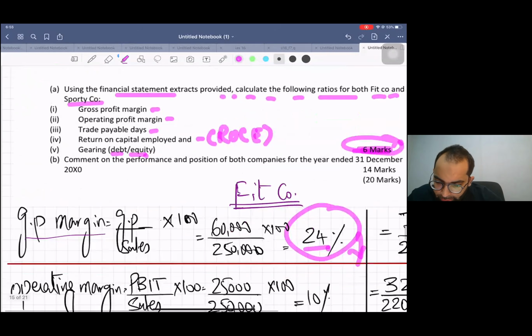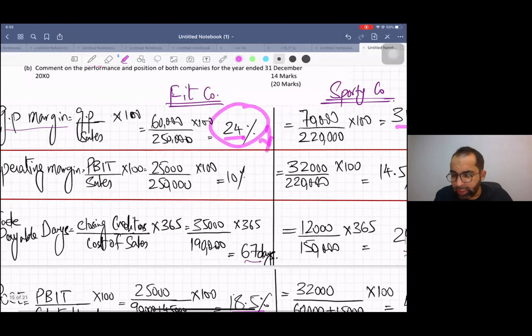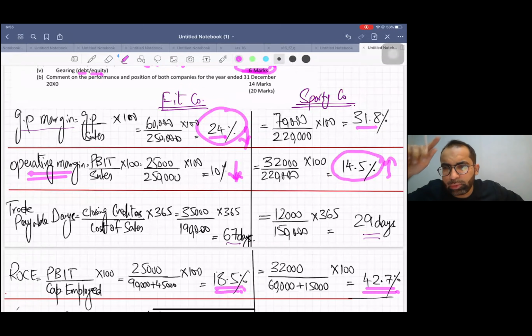Now come to operating margin. Operating margin of Sporty is higher and Fit company is lower. One easy commentary, which I even taught you: the reason for the low operating margin of Fit company is low GP margin, because when GP margin is lower, operating profit margin will also be lower. Operating profit follows GP.